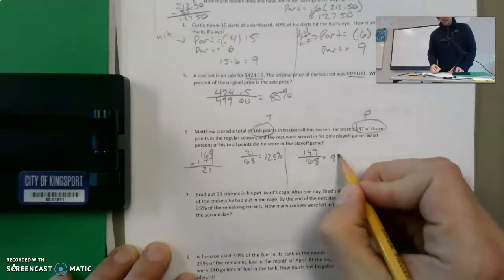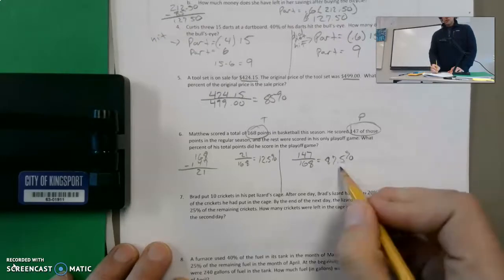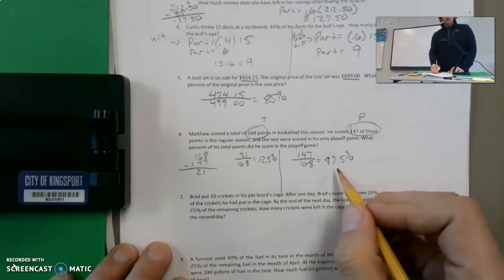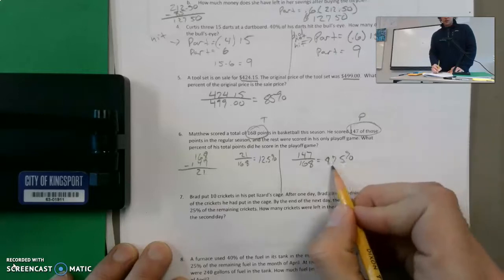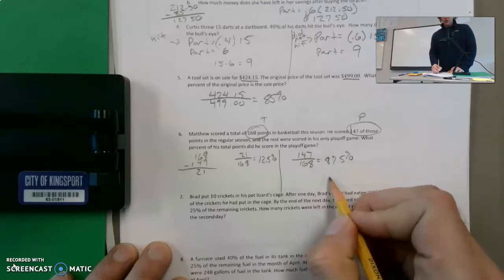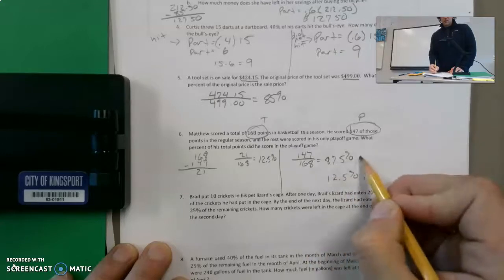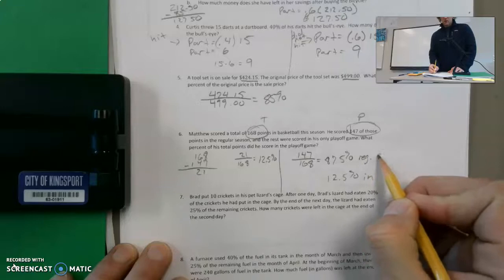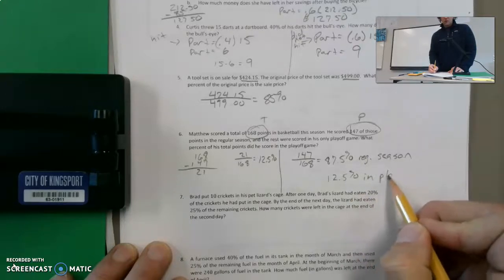That's 87.5% in the regular season. So what percent did he score in the playoffs? Well, remember, we're looking at it per 100, so the remainder of this amount would have to be in the playoffs, so it'd have to be 12.5% in the playoffs.